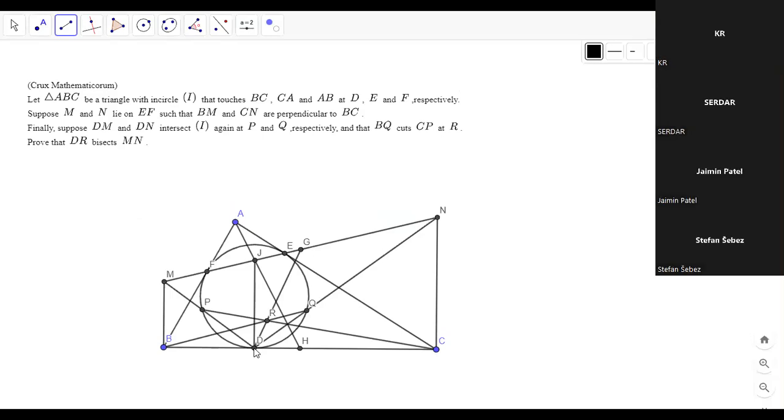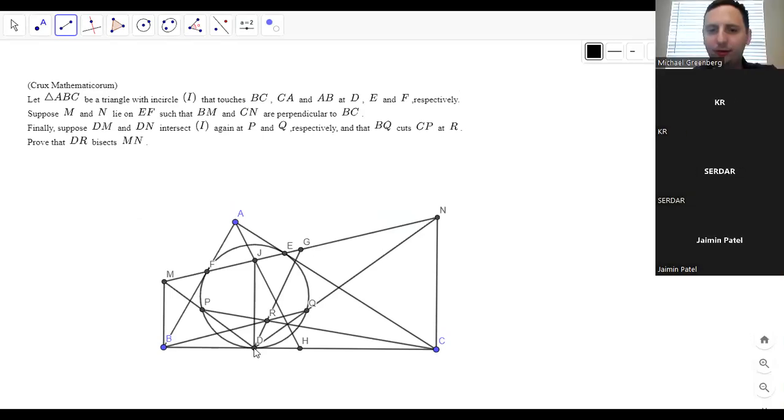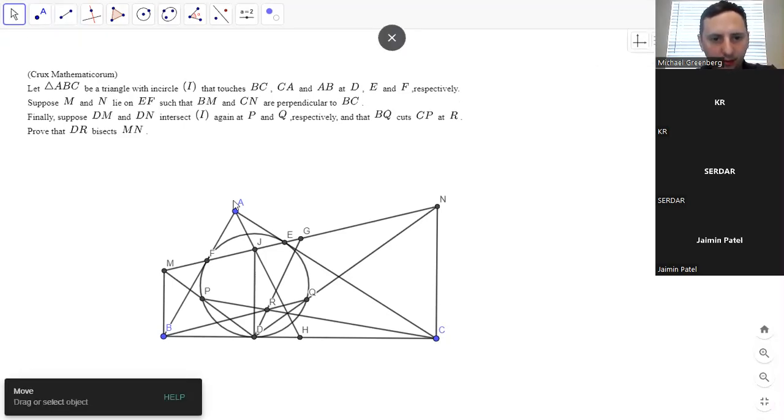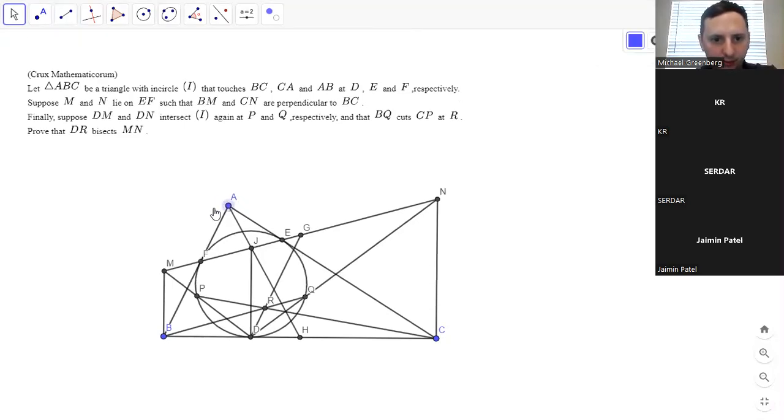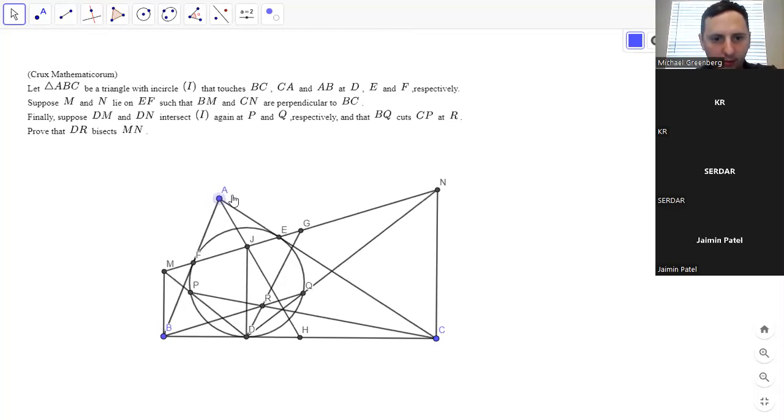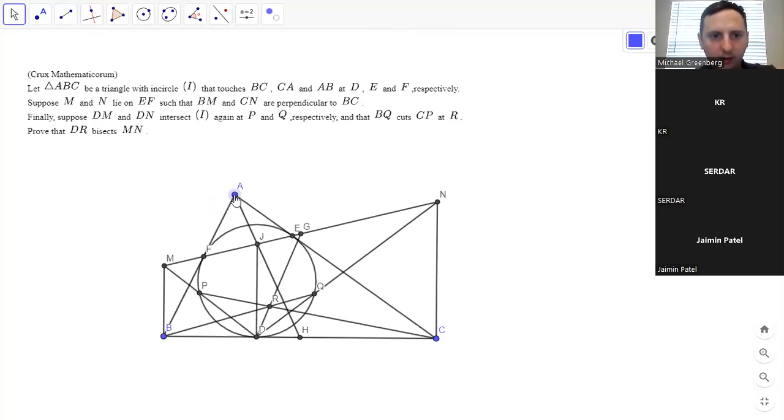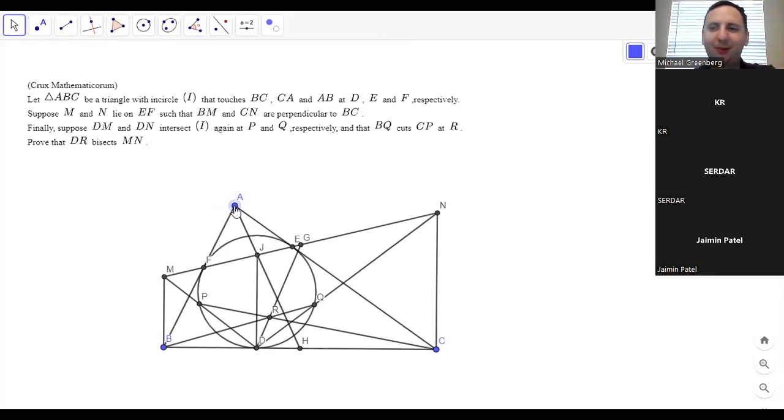I see Stefan just joined, so thanks for joining. Do these actually concur? I think that's a coincidence. No, those three don't actually concur. You remember the solution? Okay, it'll be interesting to see if we find the same one that you saw before.